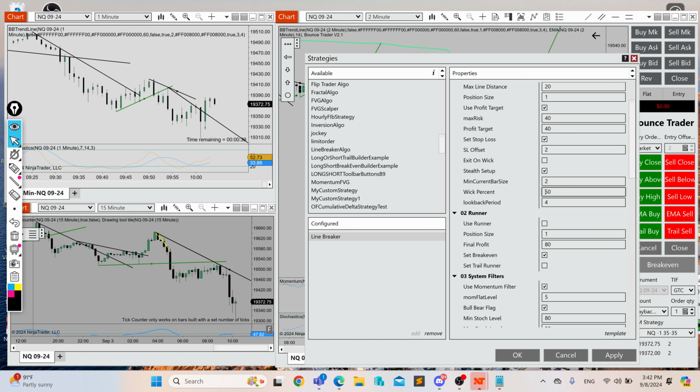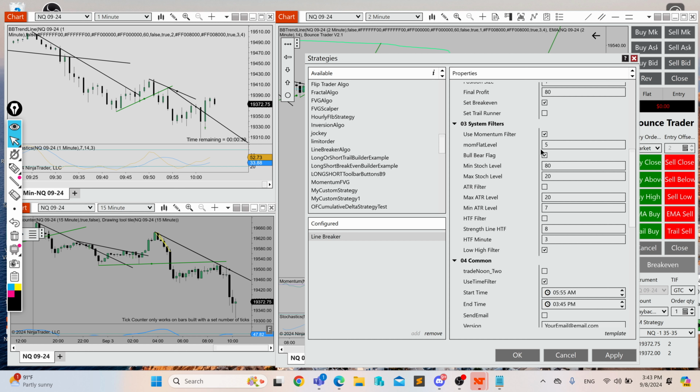We're specifying max wick percent to be 50 or less. We're specifying current bar size to be at least 2 points, and max risk is 40 points max. Look back period we don't worry about right now, it's not used, it will be released in the next version.